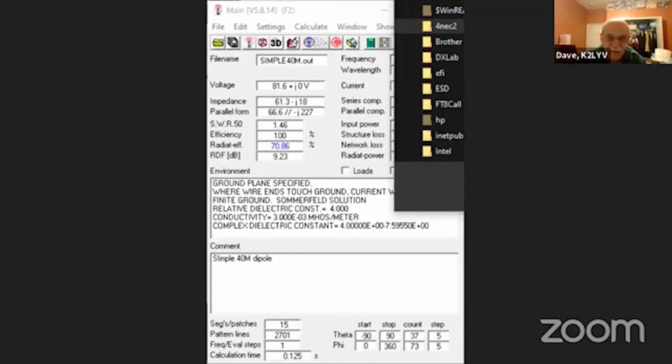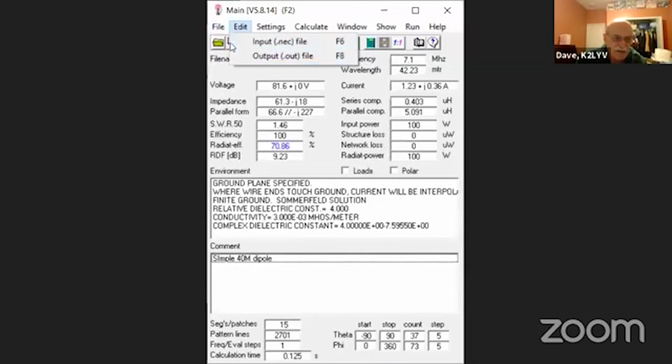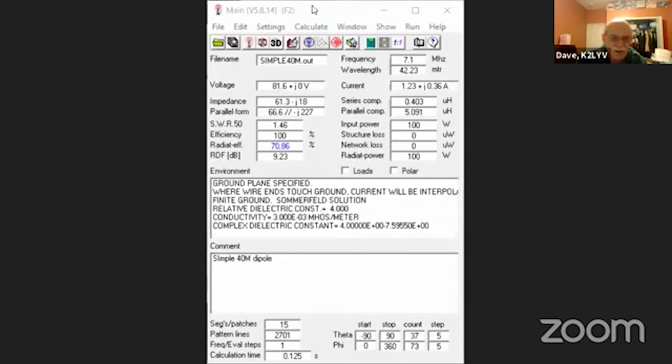Here's HF beam. Oop, yeah, that one's empty. Well, they moved. There's a huge, long set of files of examples.